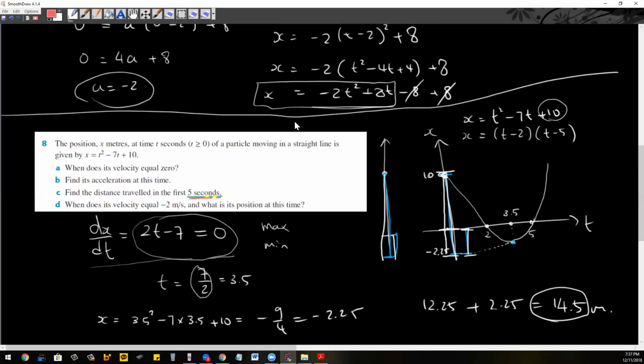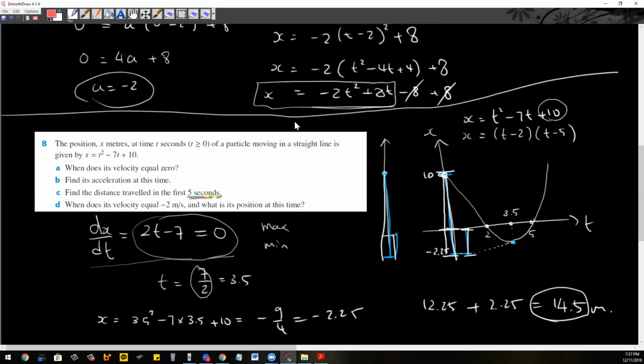So by 3.5 seconds, you're down here. But when you reach 5 seconds, you're back to the origin. Does it all make sense? So you can't plug 5 seconds into the original equation?